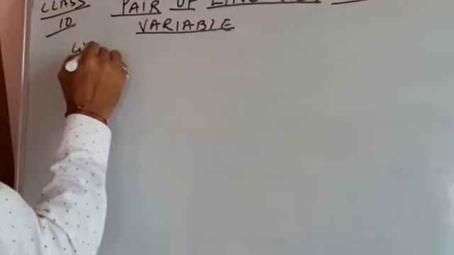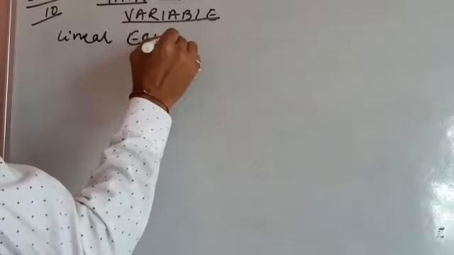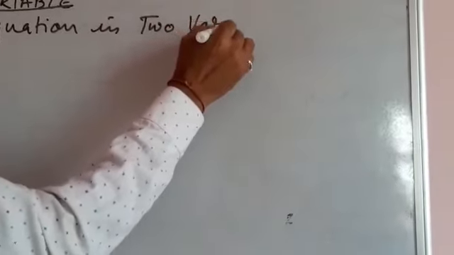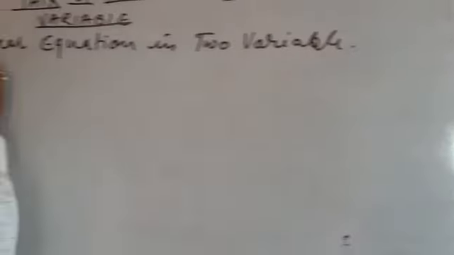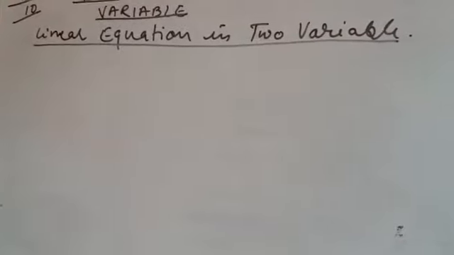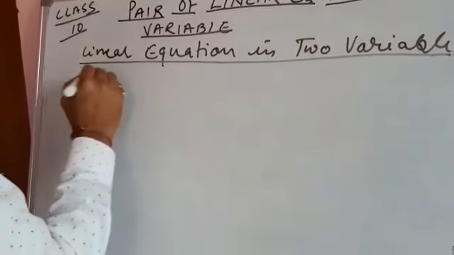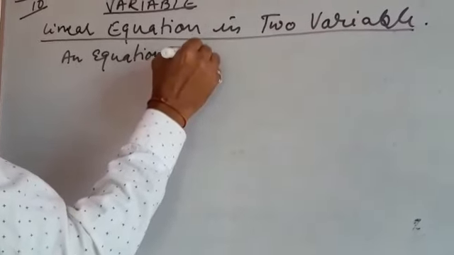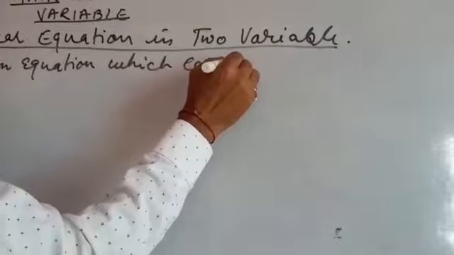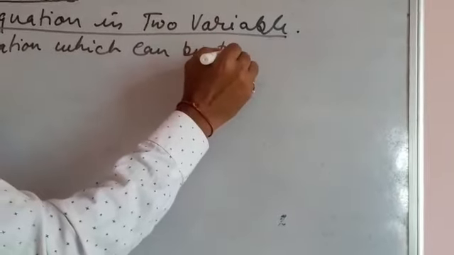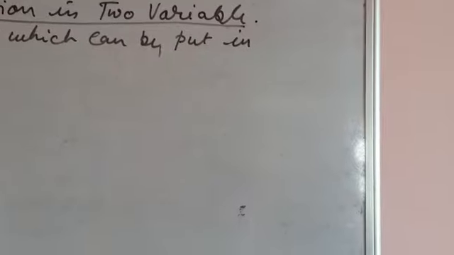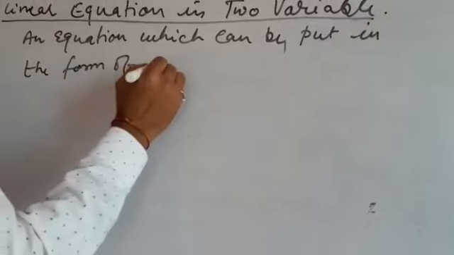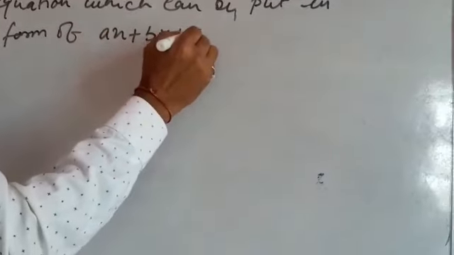The topic we have is linear equation in two variables. First we need to understand this, and I'll tell you to write the definition. An equation which can be put in the form of ax plus by plus c is equals to 0.